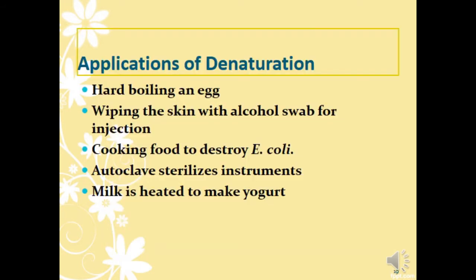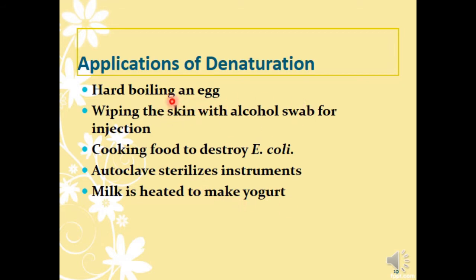So these are the applications of denaturation. For example, boiling of an egg. So that's one example of denaturation. Wiping the skin with an alcohol swab for injection. Now there's a purpose.